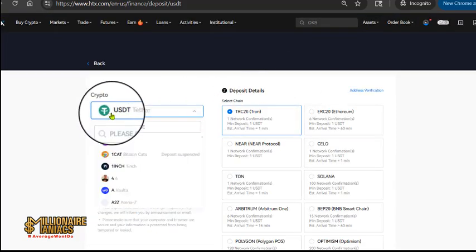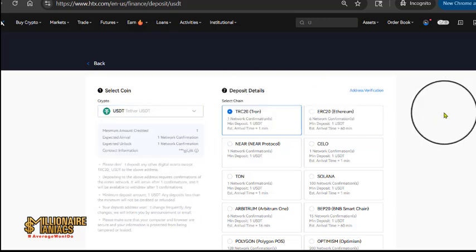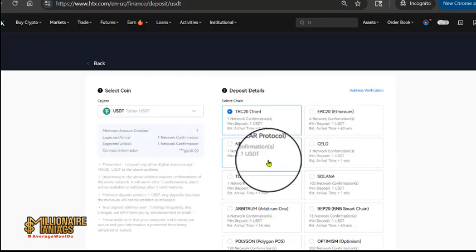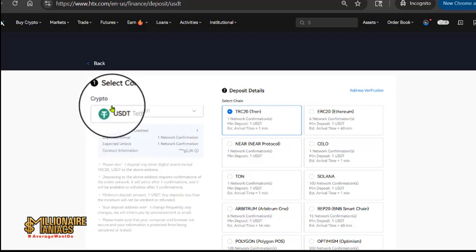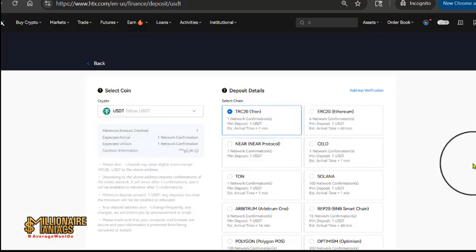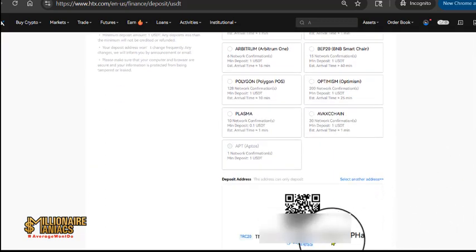It's already defaulted on USDT Tron, right? So you need to make sure you always select the right blockchain, the right currency, all of that. But it's already defaulted, so I don't need to do anything here. So I'm just going to come down and copy the address.